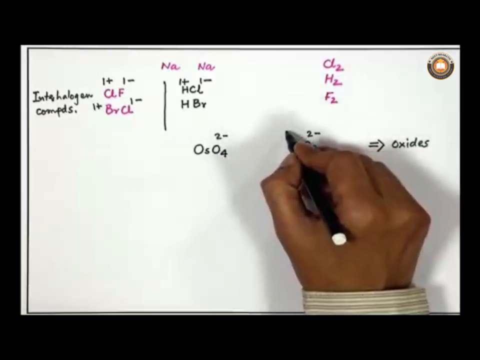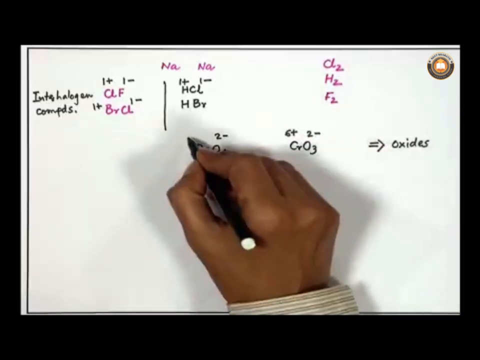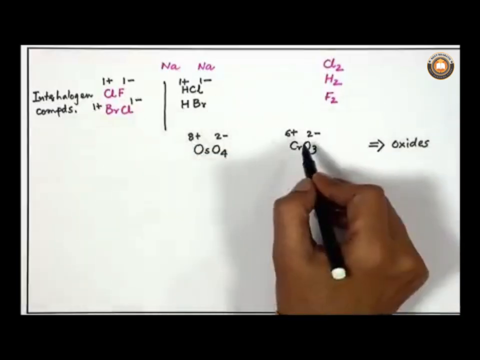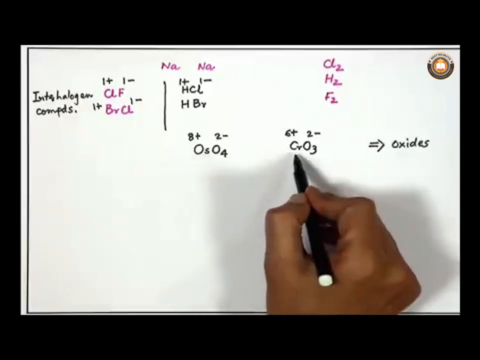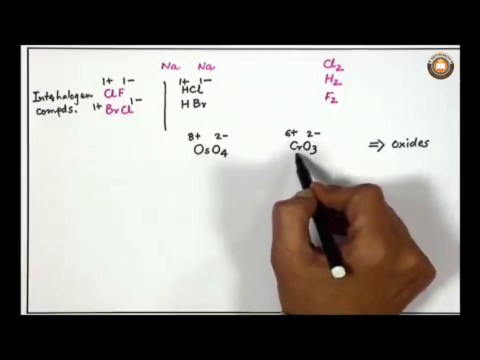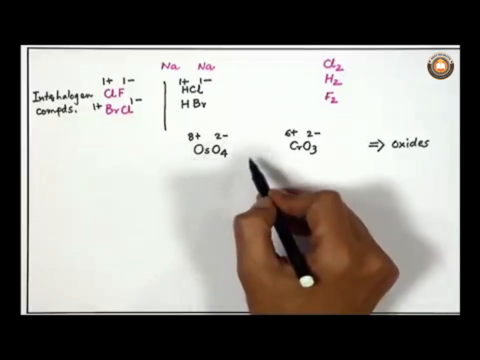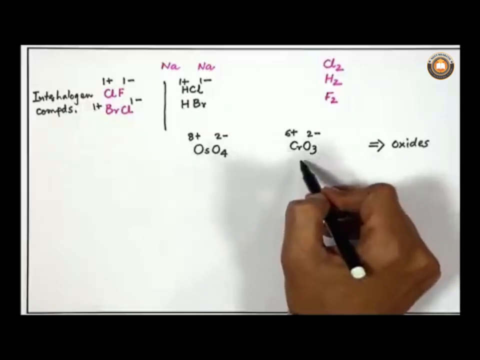Obviously, chromium will be hexavalent and osmium is 8 plus. Reaching these oxidation states starting from chromium 0 or osmium 0 is not so easy, because the loss of 6 electrons here and 8 electrons here takes us from osmium 0 to osmium tetroxide, and similarly from chromium 0 to chromium trioxide.